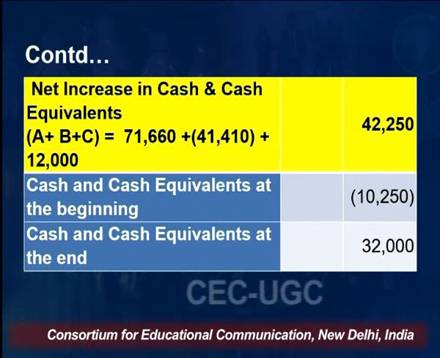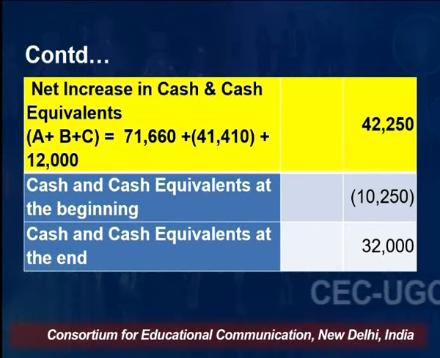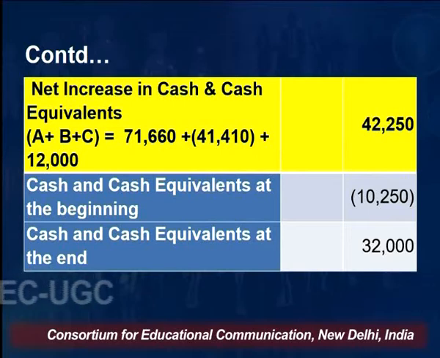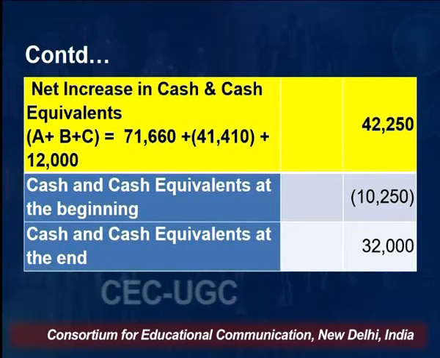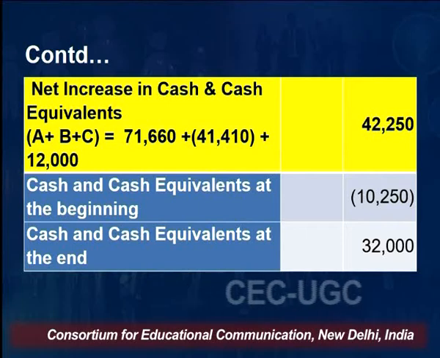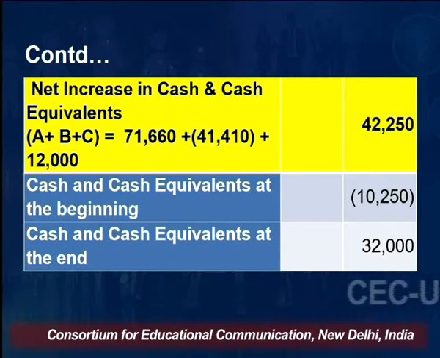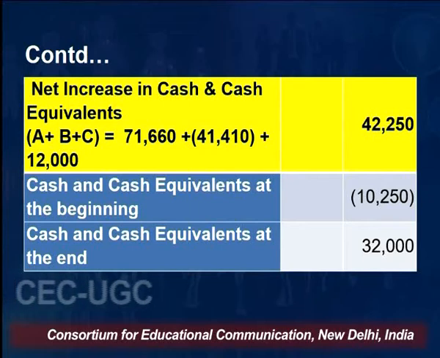Under investing activity there is a cash outflow, or you can say cash used, is 41,410, and under financing activity there is a generation of cash to the extent of rupees 12,000, resulting into the total net increase of rupees 42,250.